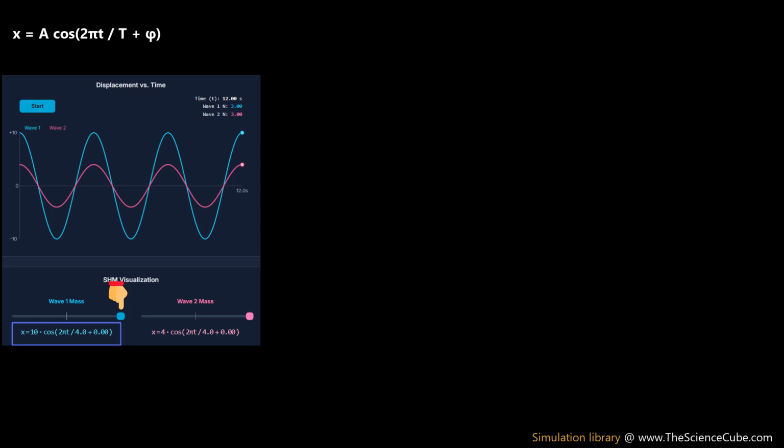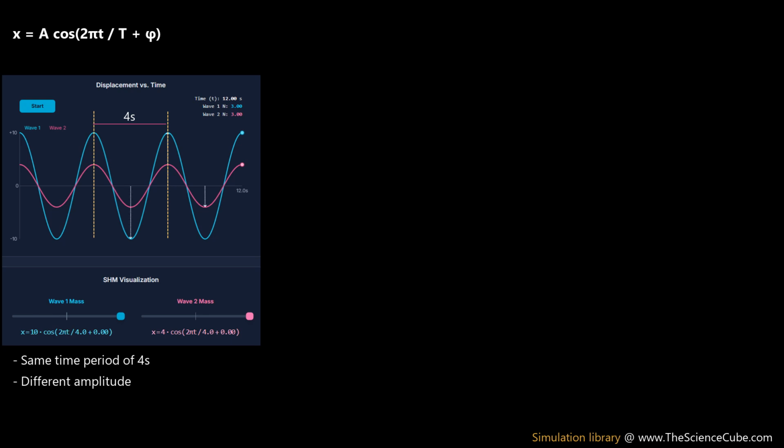So we will keep the blue wave constant for comparison. Okay, here in this one, we see both the waves have the same time period but different amplitudes. And of course, same time period also means the same frequency.